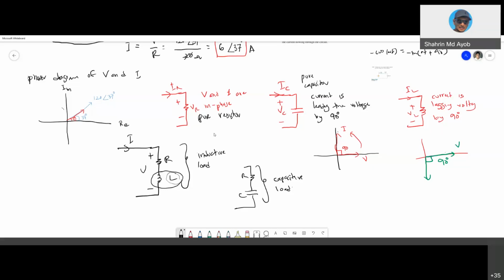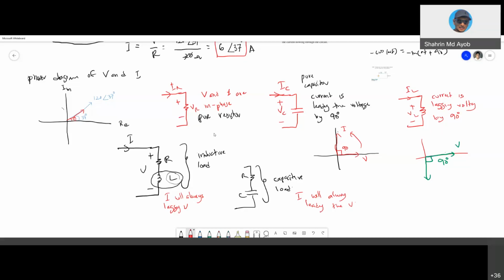But for inductive load, the current will always be lagging the voltage. For capacitive load, the current will always be leading the voltage. But the angle is not 90 degrees.